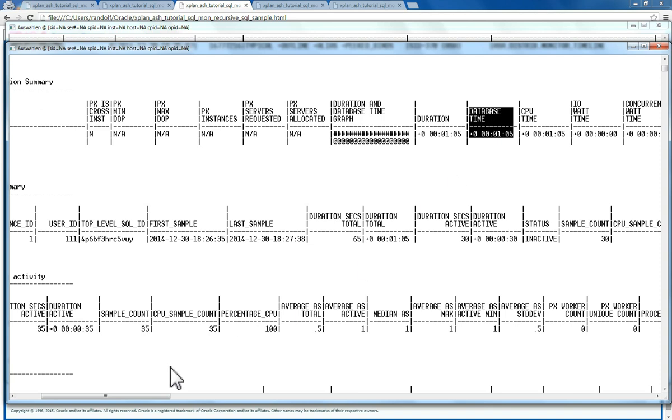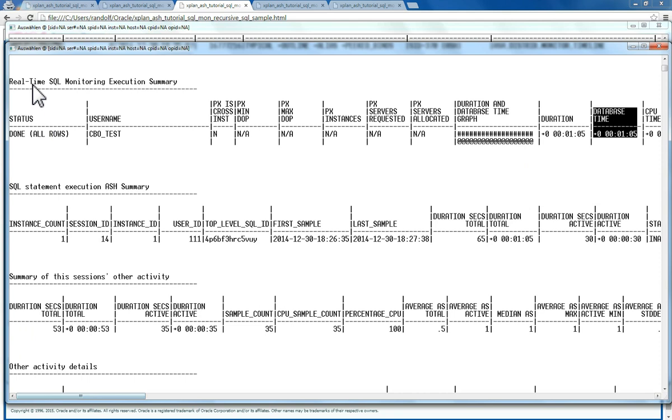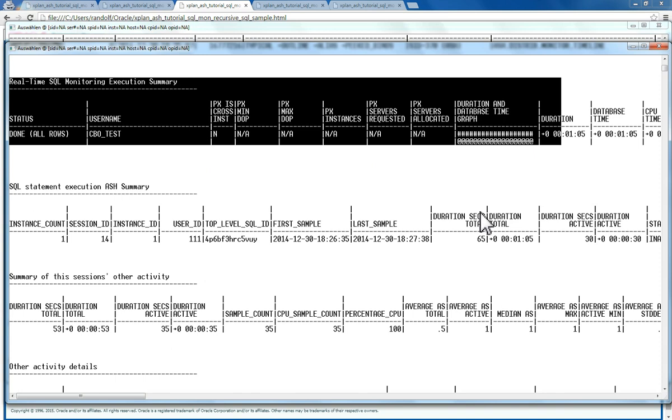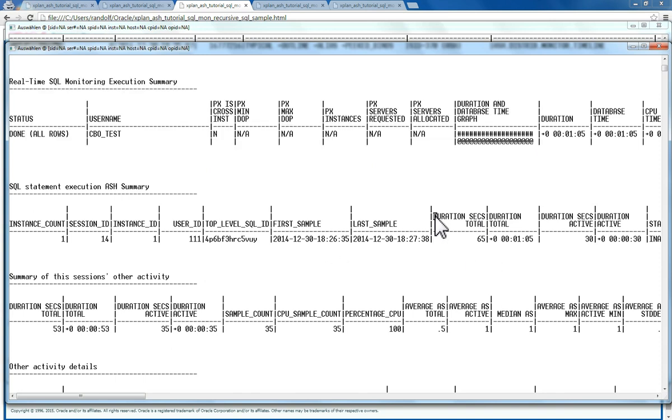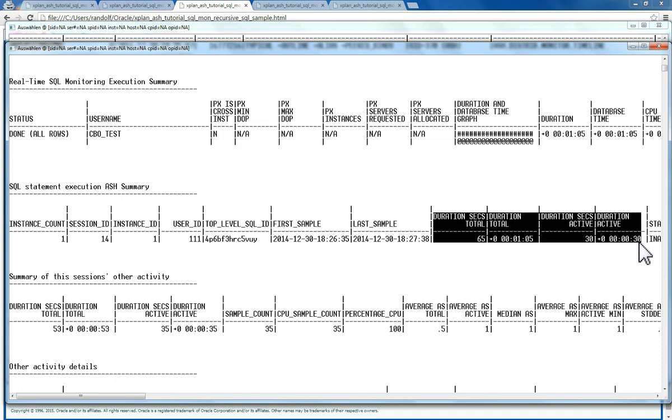But since explain-ash can also be used without the real-time SQL monitoring information, if we assume that this section was missing, then we would be left with just this, and we would have to look further to see if we can find some indication in the remaining explain-ash output of what kind of stuff we are actually looking at.